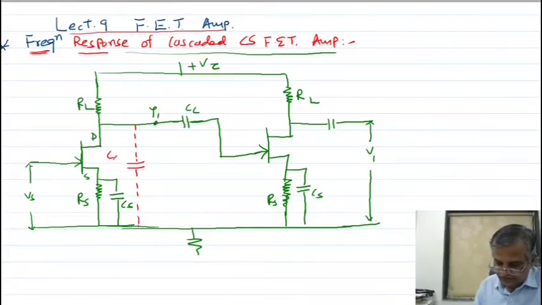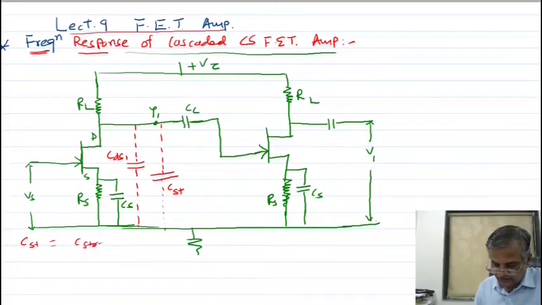This is CDS1. Here I am showing stray capacitance due to the parallel combination of this wire.